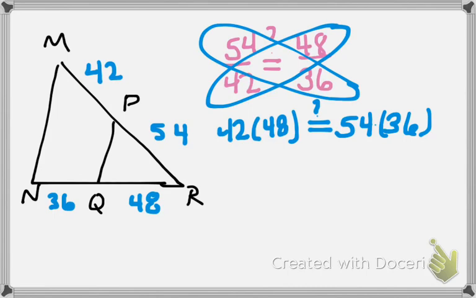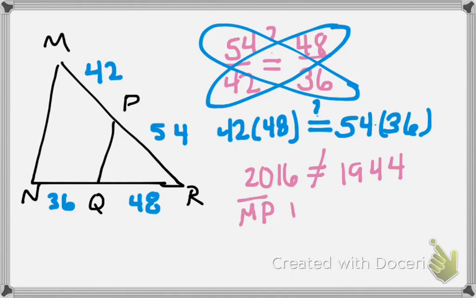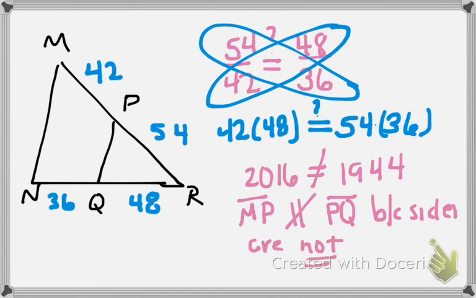Quick click click in our calculator. This gets me 2016. Hey, good year. This gets me 1944. No, I'm not that old. Certainly those are not equal to each other. So as a result, we say MN is not parallel to PQ. And the reason is because the sides are not proportional.